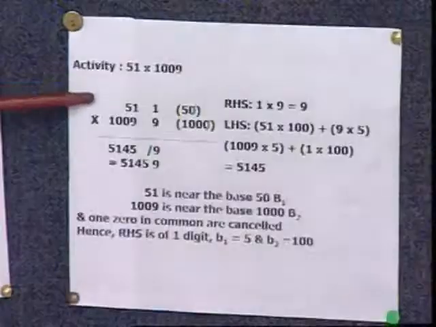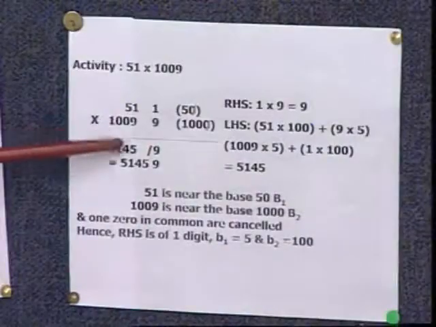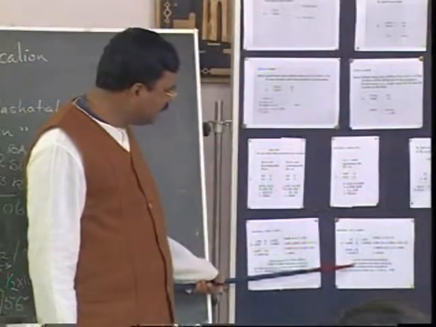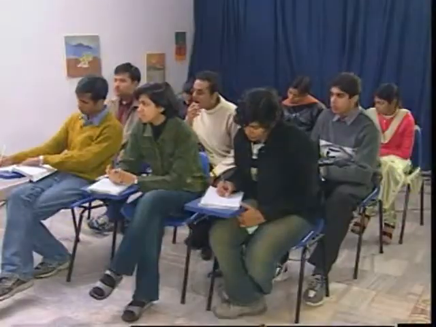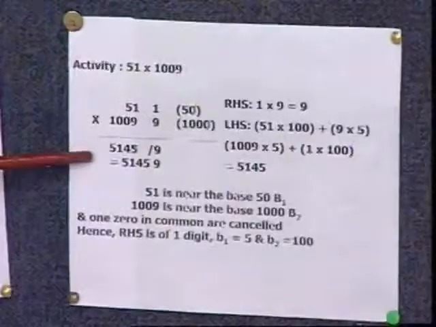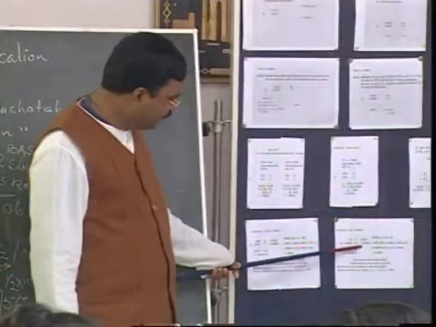As for the deviation, in the case of 51 there is one deviation, and 1009 has the deviation 9. What is the value of 9 times 1? 9. Since 50 has only a single zero, 9 is the right part of your answer. To get the left part, you multiply 51 into 100.